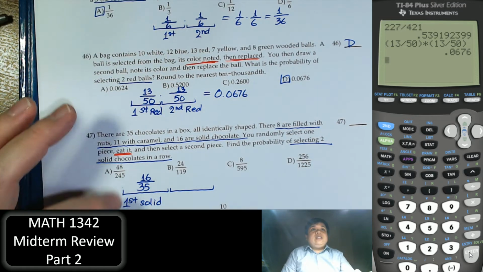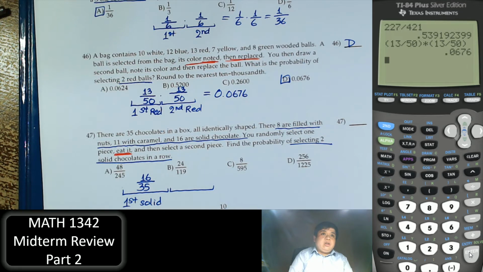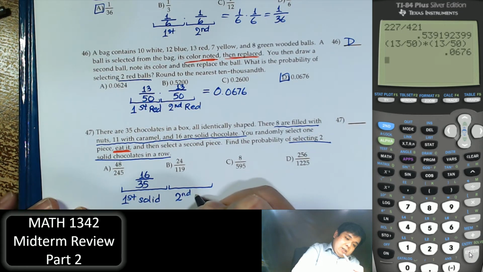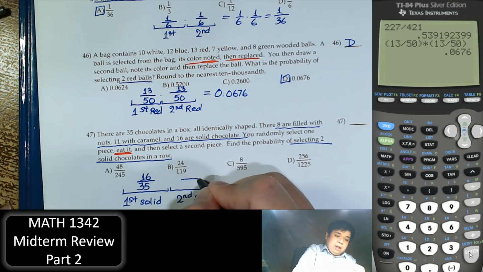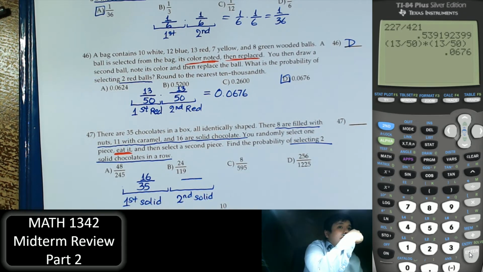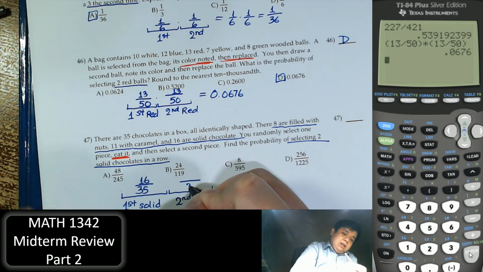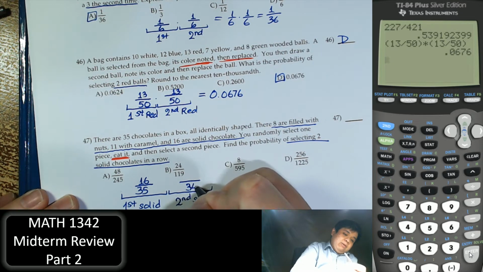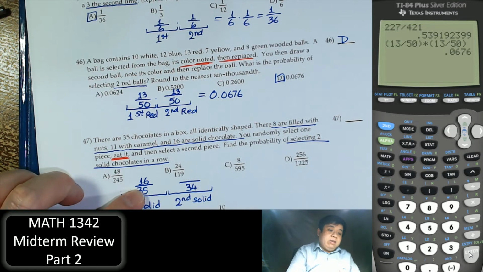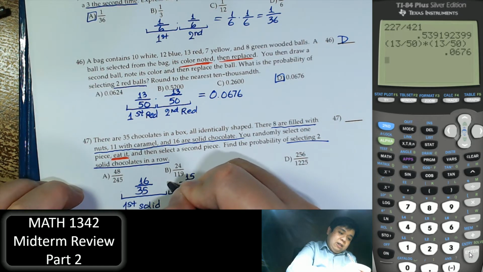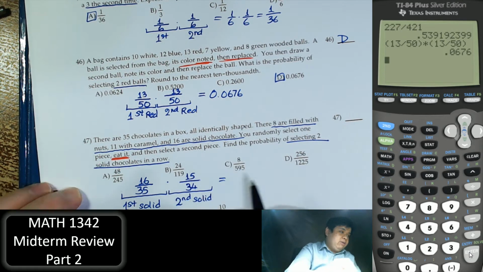So we're going to have 16 out of 35 to get the first solid. To get the second solid, if we take out one and eat it, there are only 34 left. And we ate one of the solid, so we have 15 left. So that's what we have.